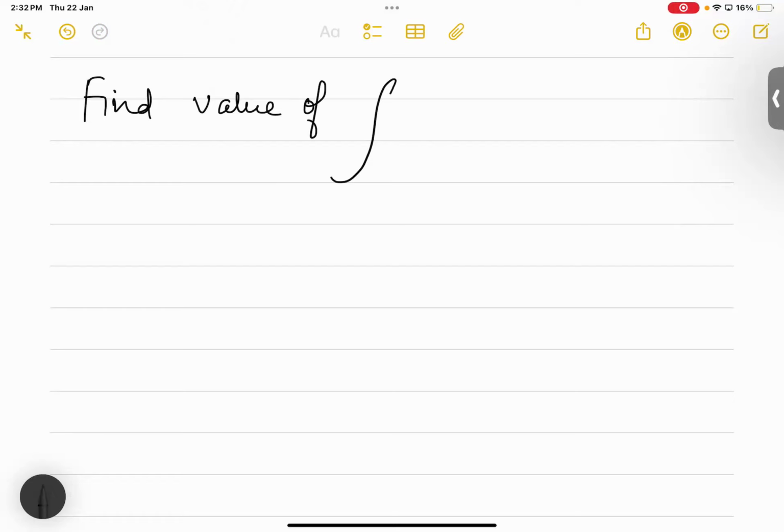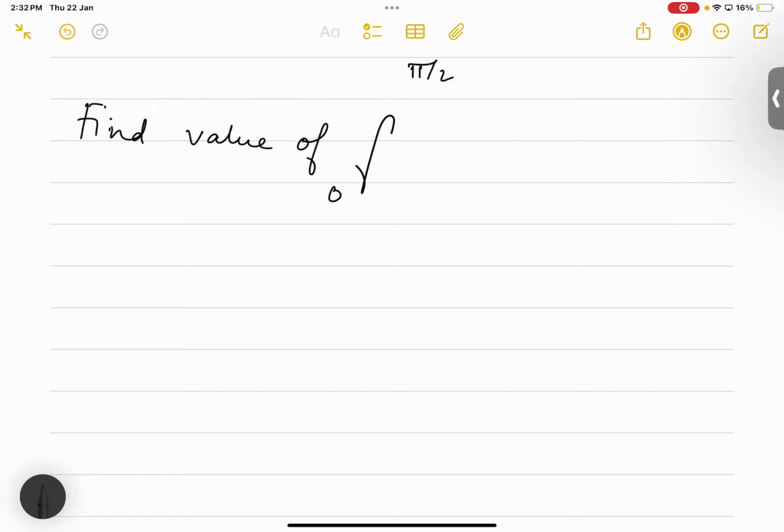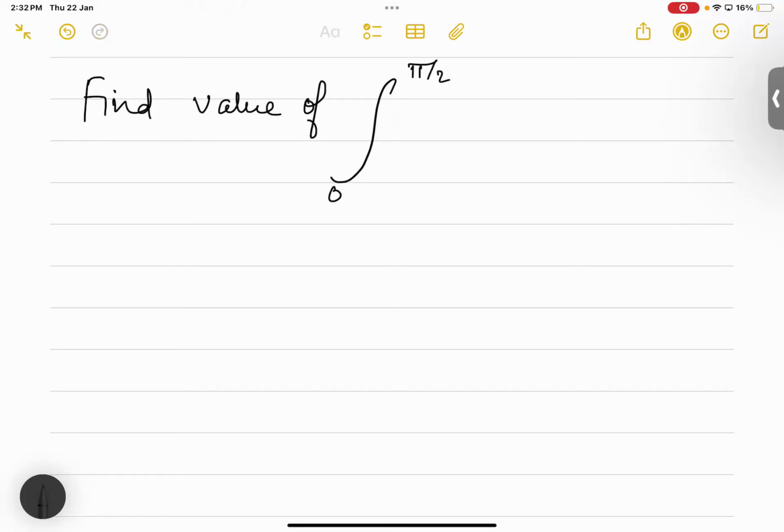Find the value of 0 to pi by 2, x into f of sine x dx. Now this is a one marker. Use the property and get the value. Chalo, start. This is a one marker.